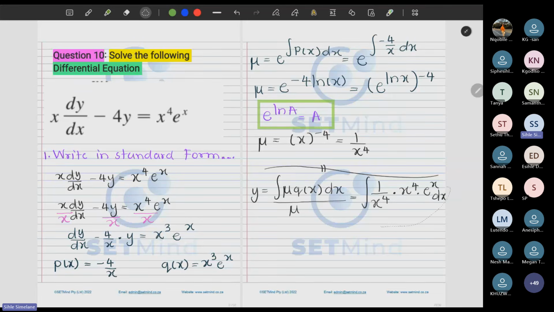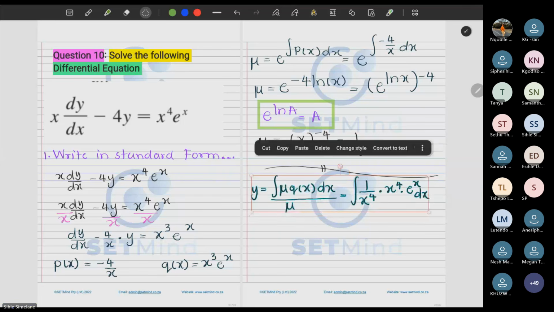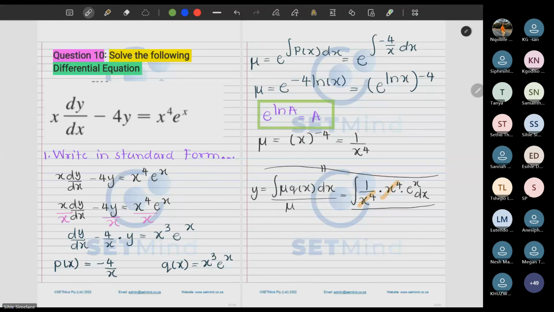Let's create some space. Right. So if you look carefully, you will see that there's cancellation of terms here. So this one and this one cancel. Well, divided by 1 over x to the power of 4. So your y, you will see that it's just the integral of e to the x dx, all of this divided by 1 over x to the power of 4.